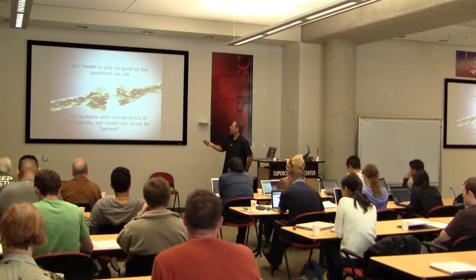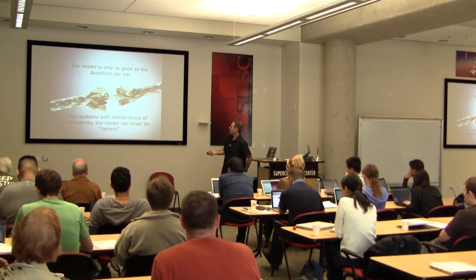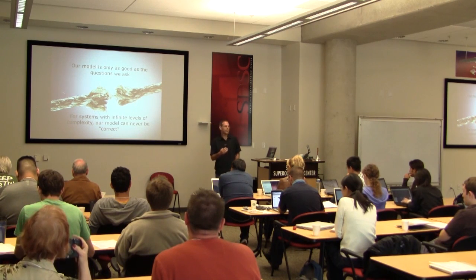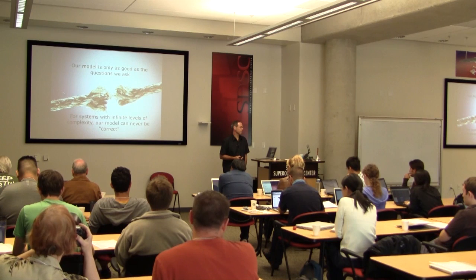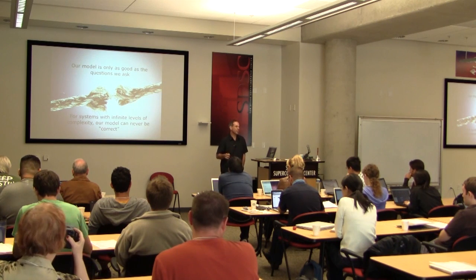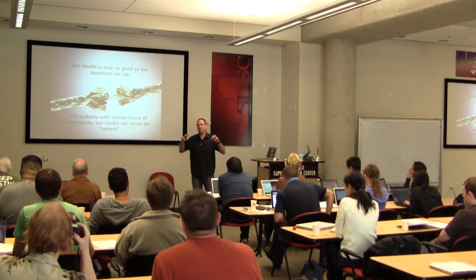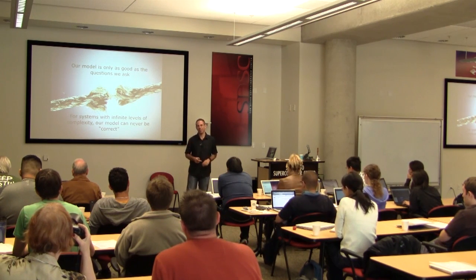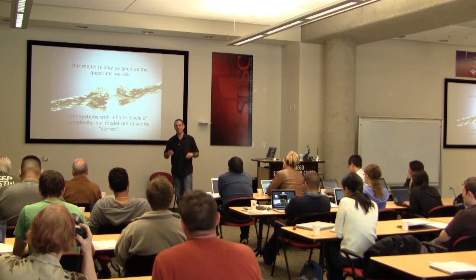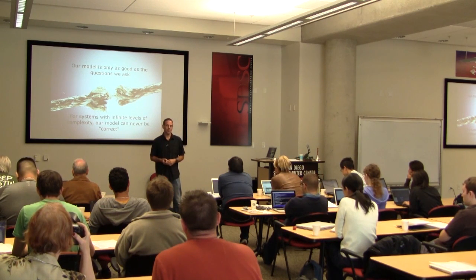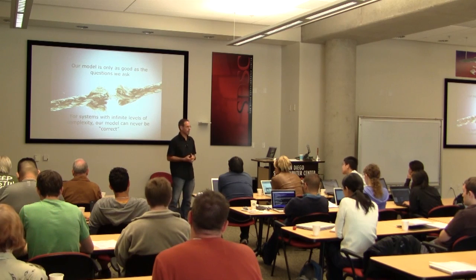And an important point here is that for systems with infinite levels of complexity, and I'm going to put galaxies into that category, there's no such thing as a correct model. So we need to set aside this idea of having a model that's right or matches the data. Matches the data doesn't mean a whole lot. Usually matches the data means we tuned it that way or we were lucky, because nothing's done from first principles here.